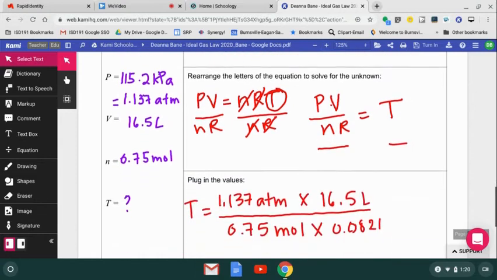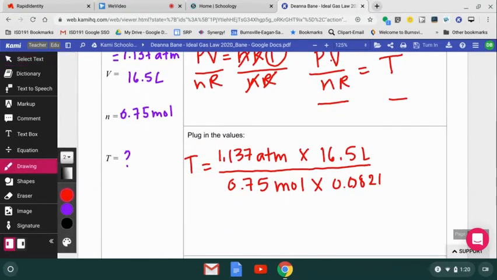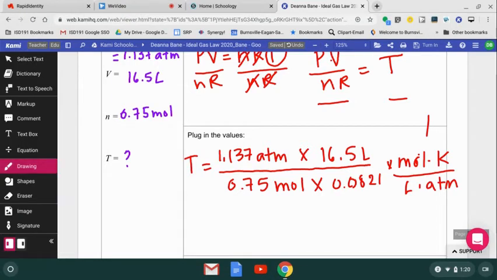So if I want to multiply times the reciprocal, I'm going to multiply it times moles times Kelvin and divide by liters times atmospheres. And then when I go to cancel my units, it's a whole lot easier. So let's go ahead and do that.